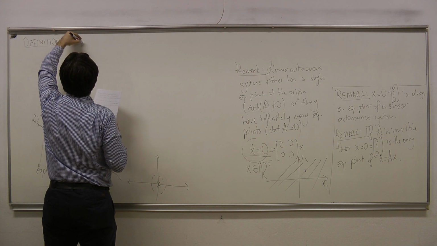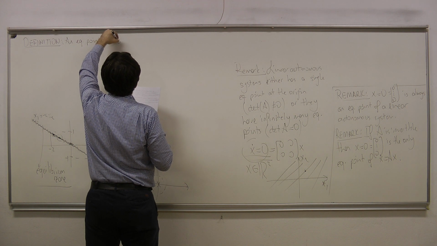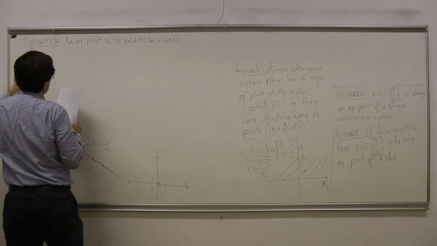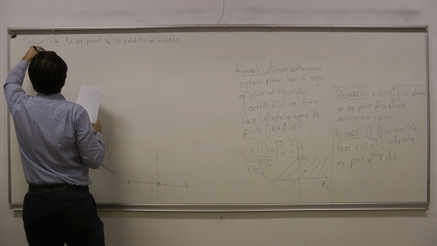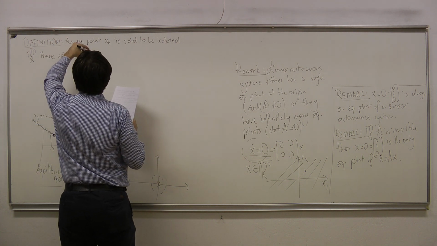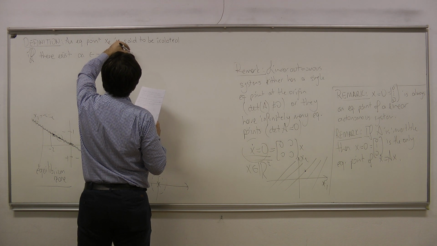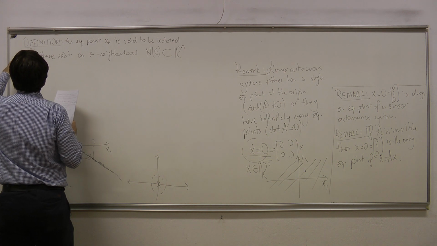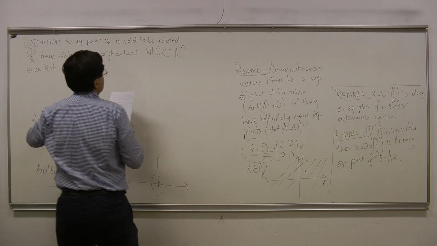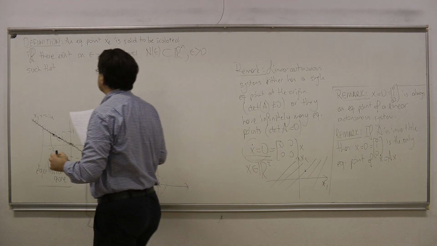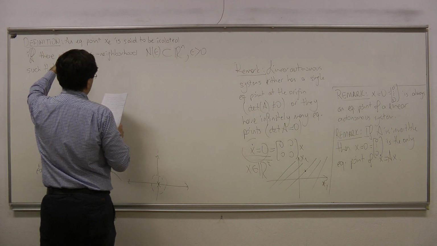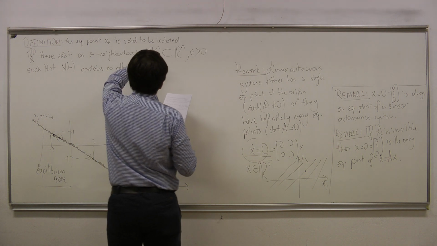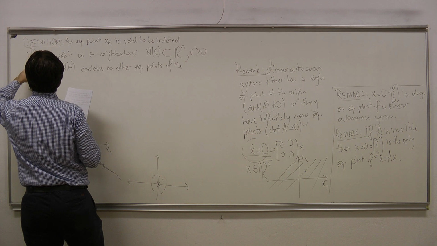An equilibrium point xe is said to be isolated if and only if, so this is the definition of isolatedness, there exists an epsilon neighborhood N of epsilon, which is a subset of the state space Rn, with epsilon larger than 0, such that N of epsilon contains no other equilibrium points of the same system. Okay?